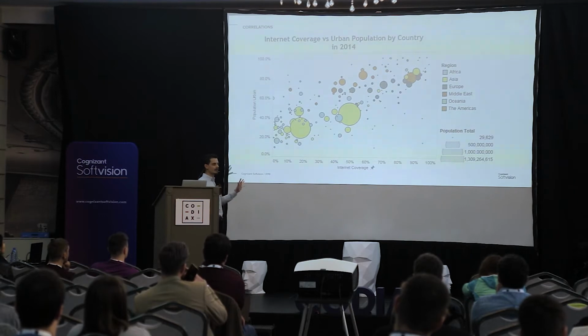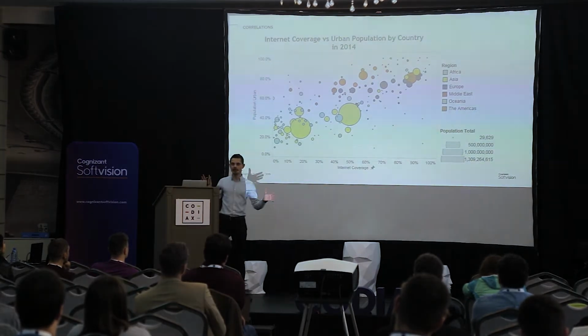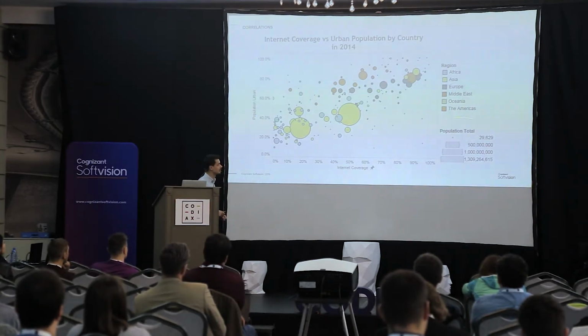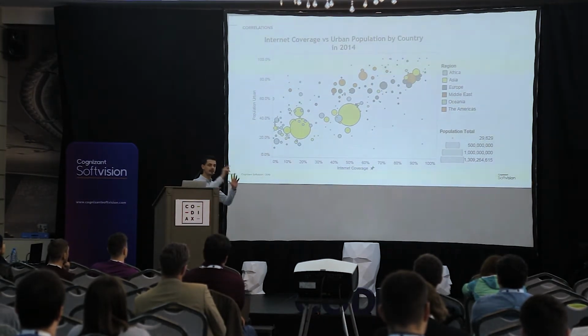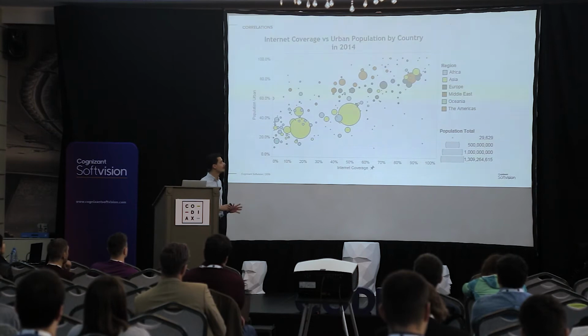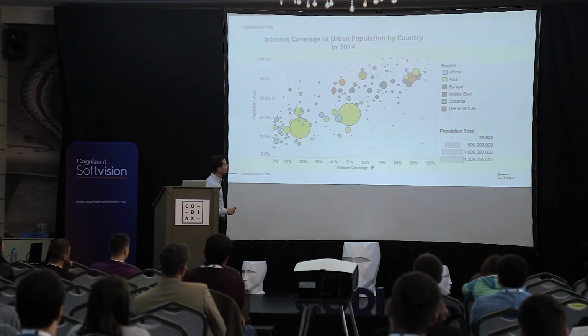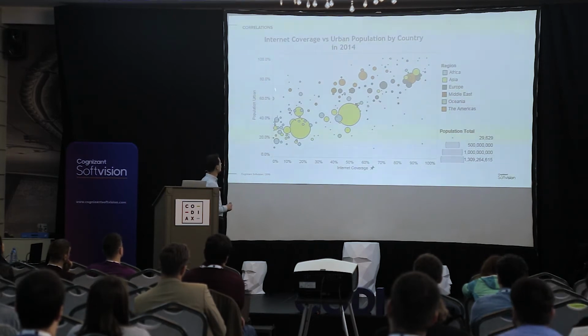If I'm thinking about comparing internet coverage with urban area, I don't actually need region and population total, so I could just leave some dots there, right, with the same color. But in this case, it might tell you a story. So as internet coverage increases, the country goes from left to right. Here we have the countries with the most internet coverage, and here we have the ones with the least.